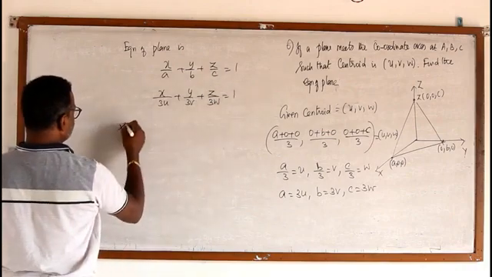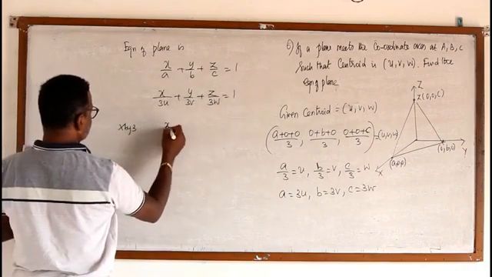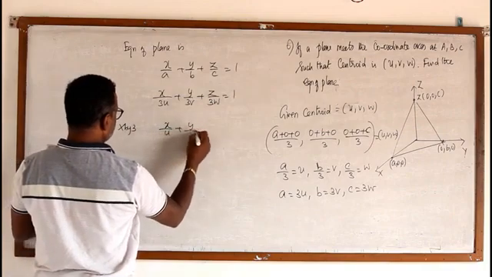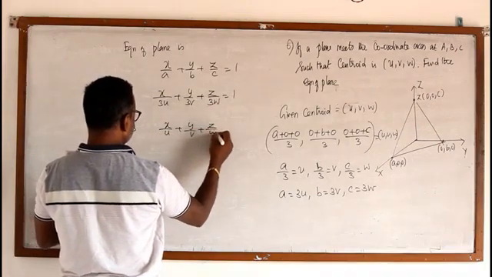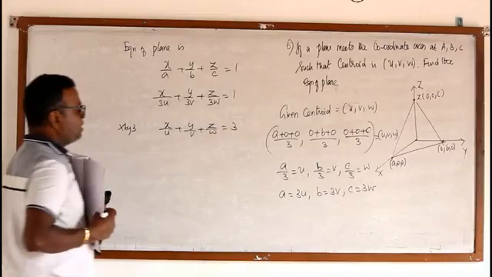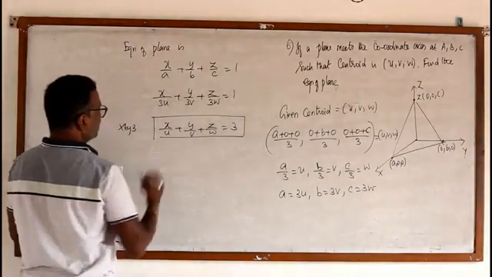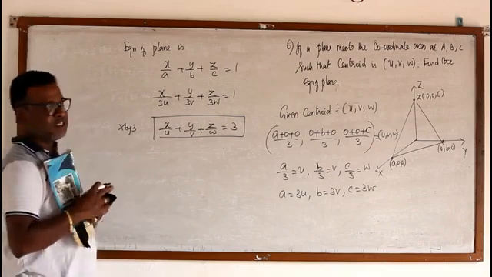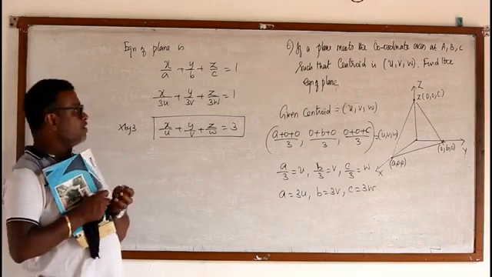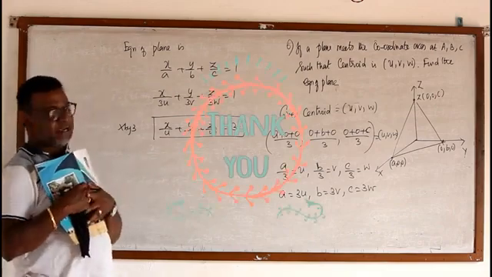Multiply by 3, then this is x by u plus y by v plus z by w equal to 3. This is the equation of plane. So with that, exercise 6.6 is over. So we put the equation of plane in normal form.